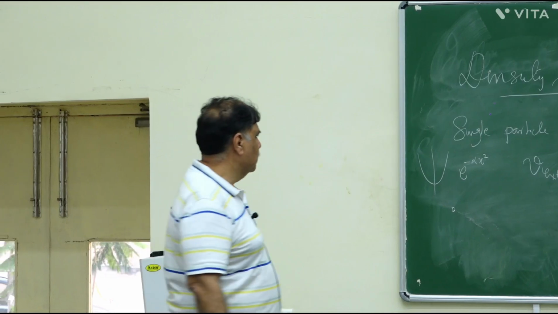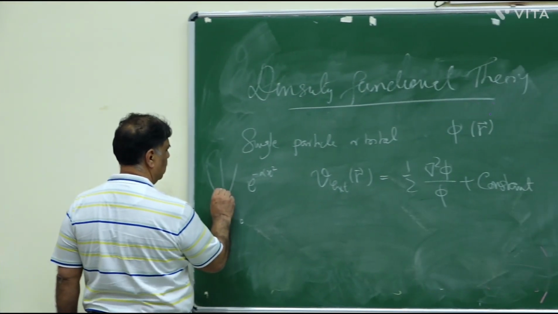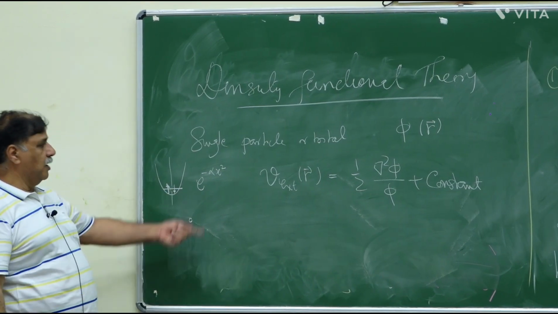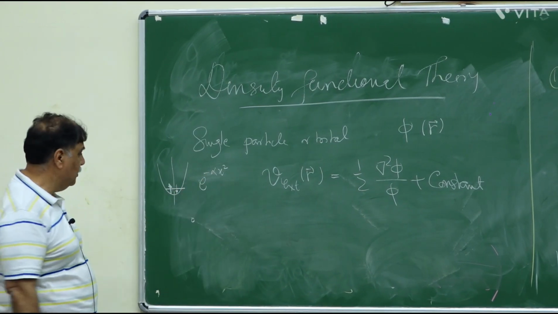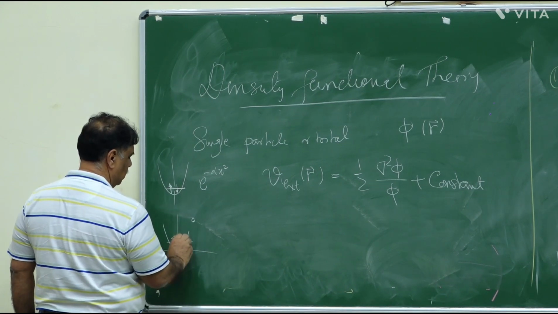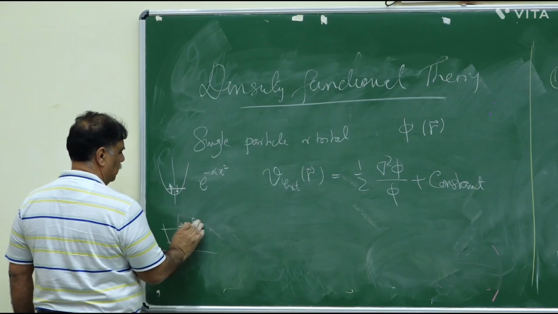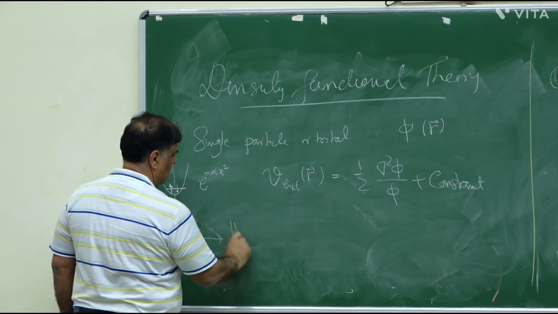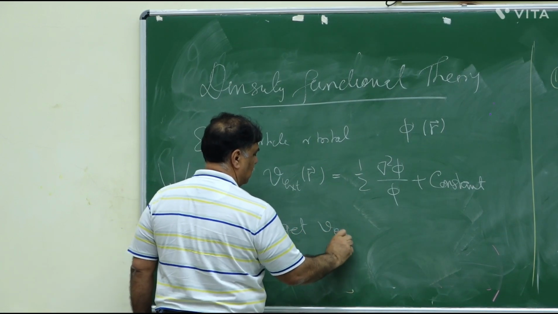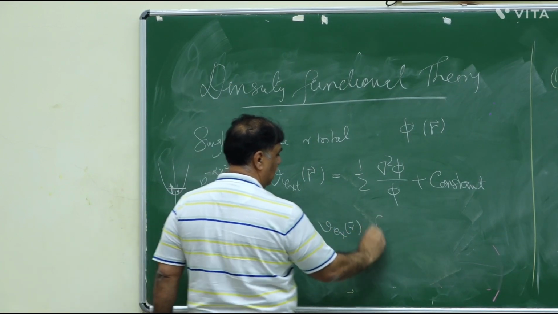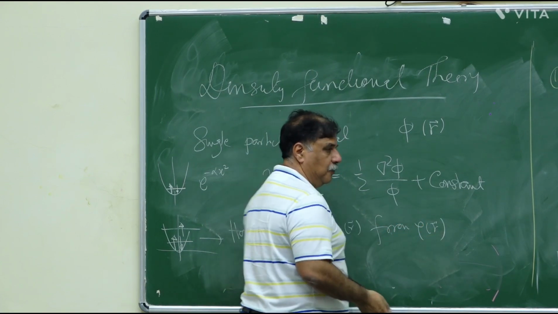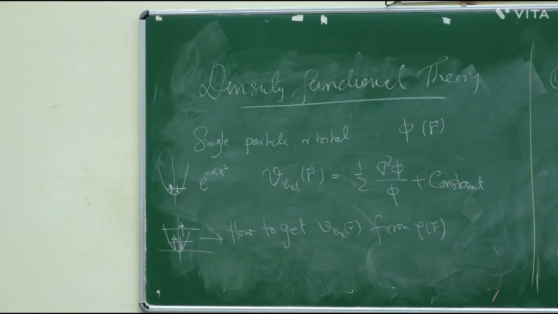Right? So, single particle, that's fine. Even two particles, non-interacting, I can get it. Right? Try doing it for the density of three particles, to get the external potential from rho. I'll pause here and wait for your comments.